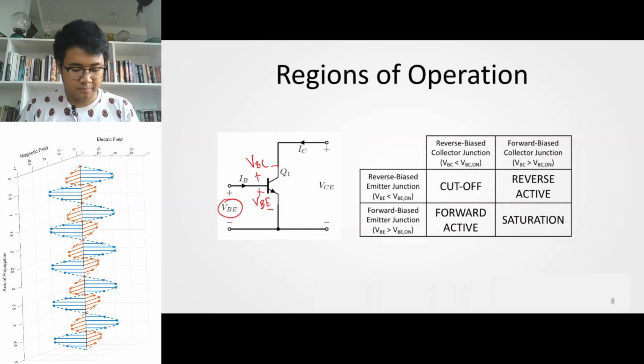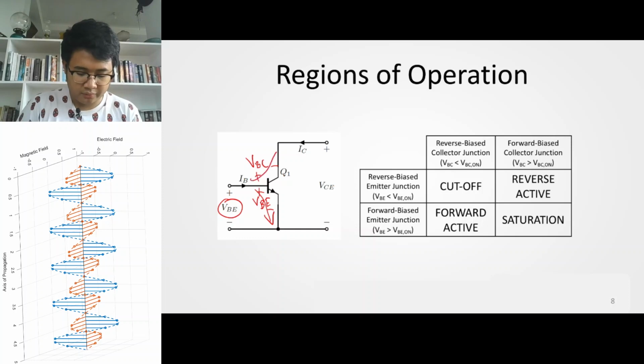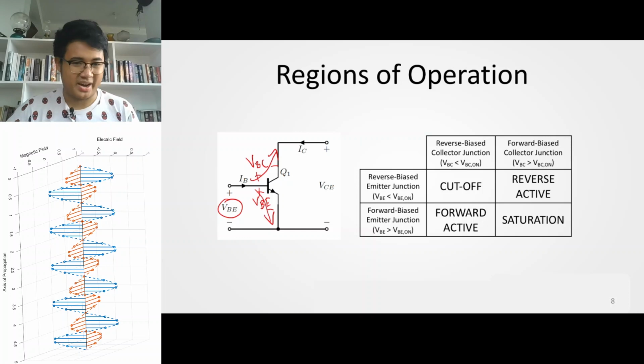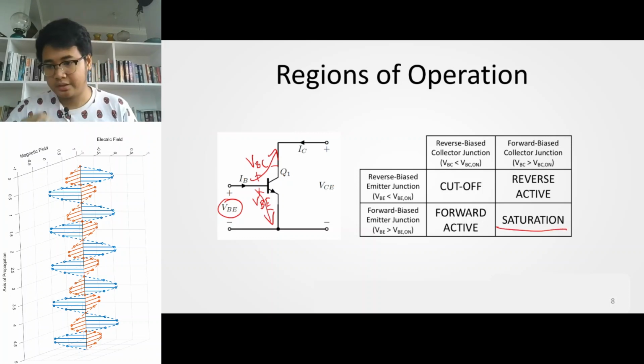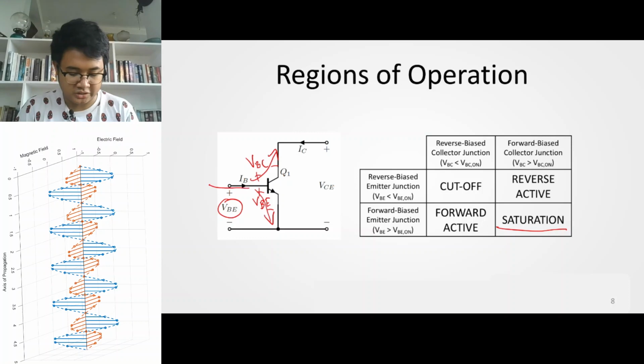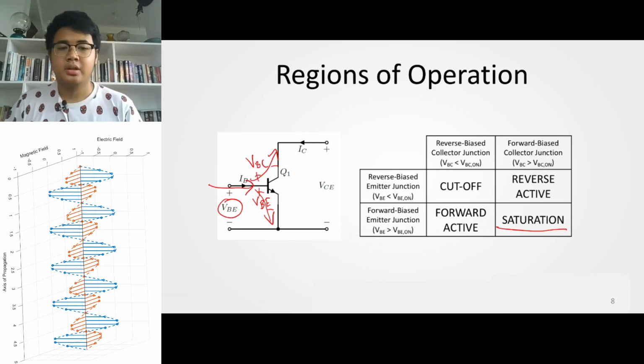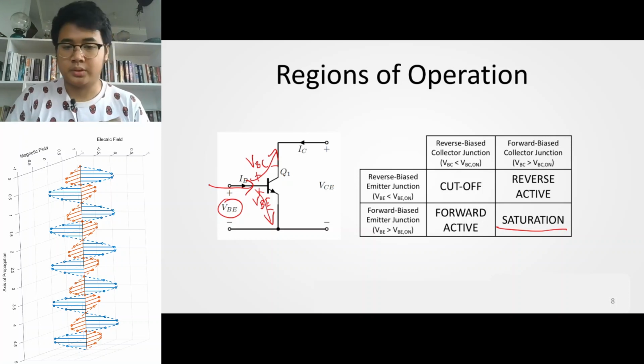And if both of them are on, current flows everywhere. This will saturate your transistor with a large amount of current, and you are in the saturation region. There's a lot of carriers, there's a lot of current. Your transistor cannot keep up with the amount you are injecting into the base. That's why it's saturated. When both are off, there's no current flow.